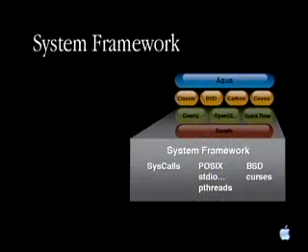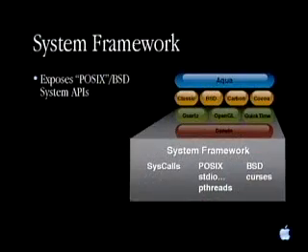The system framework is basically how we try to describe or abstract the set of interfaces that BSD provides. It's basically the system calls, the POSIX level interfaces, and BSD system APIs for the system. If you're porting a BSD application, these are the APIs that you will most likely write to.